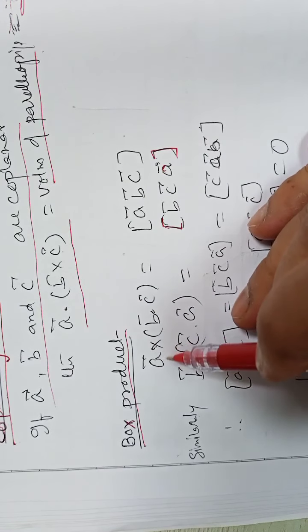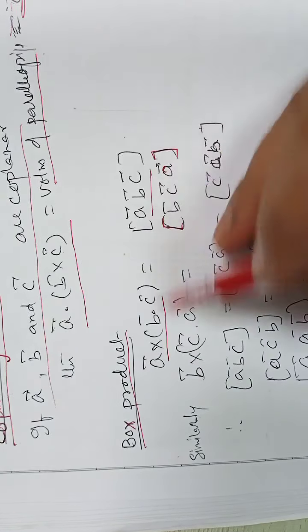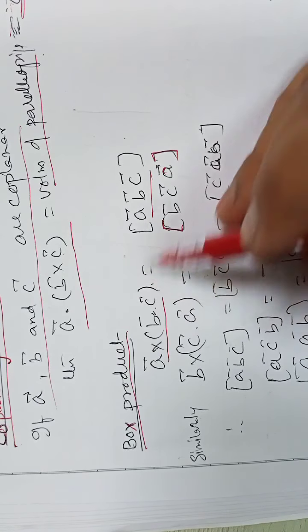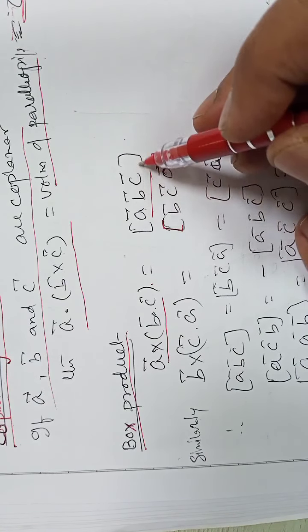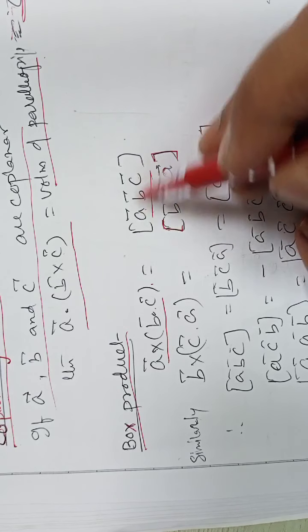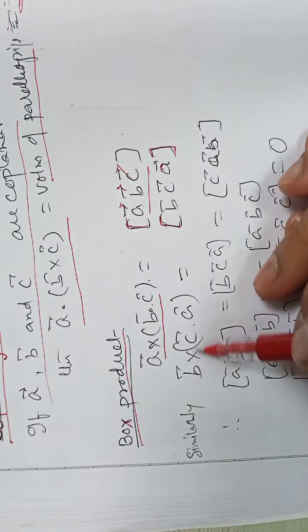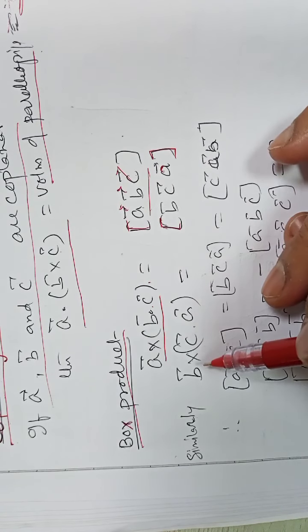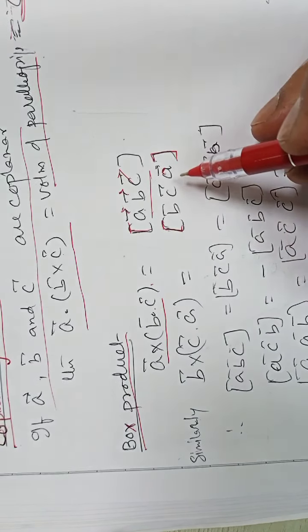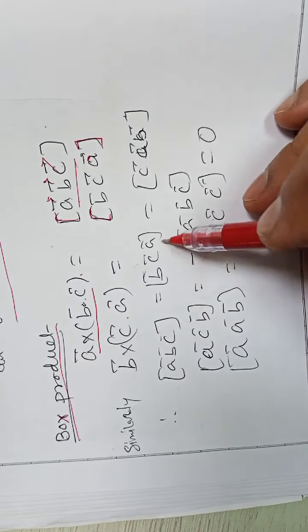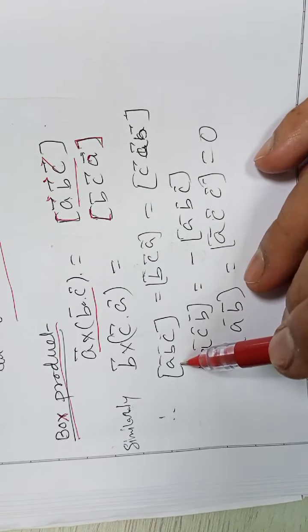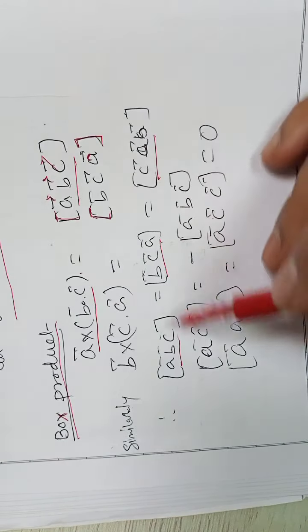Now this triple product is also known as the box product. A cross B dot C, we can write as ABC without any dot or cross, just write ABC in a box. So it is also called the box product. Similarly, B cross C dot A we write as BCA. So ABC, BCA, CAB are all cyclic forms, so all are equal.